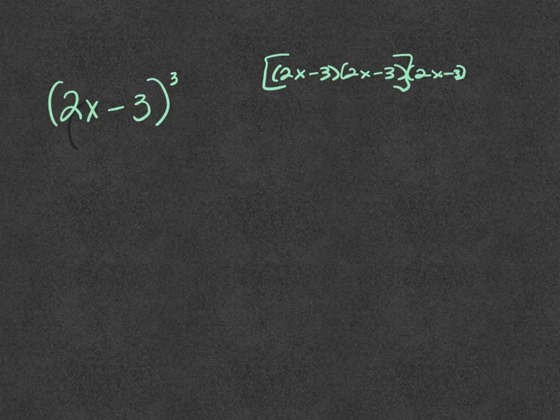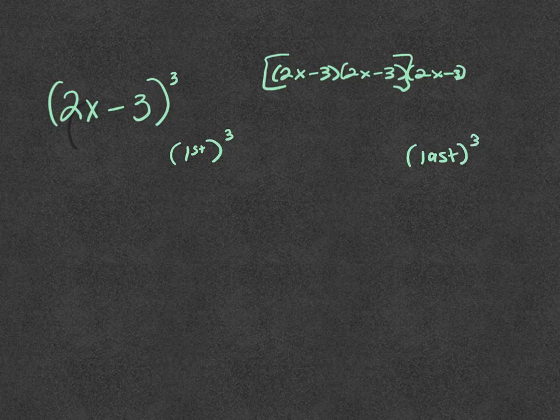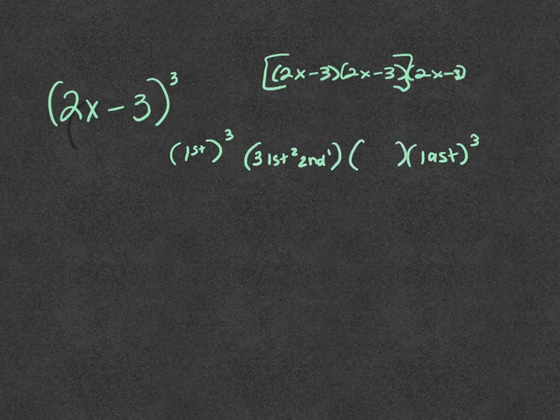The other option is the pattern for cubes goes the first term cubed, the last term cubed, okay? Then the second thing is 3 times the first to the second, second to the first. I know that seems weird, but that's the pattern. And then the third term is 3 times the first one to the first and the second to the second. I will work that out, okay?